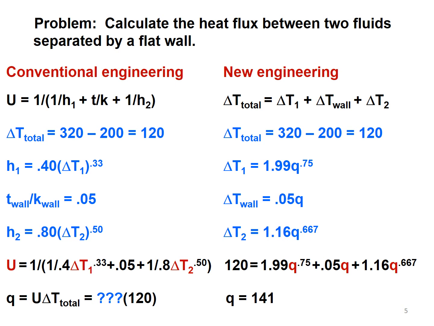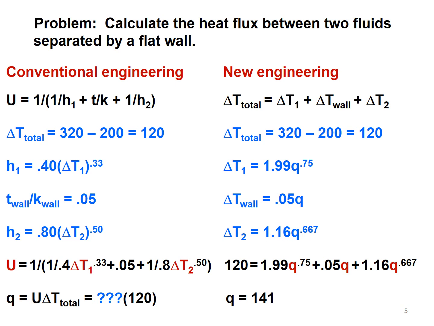The three equations are then solved simultaneously to determine U, then U is multiplied by delta T total to determine heat flux Q. We are not going to complete the conventional solution, but note that only a heat transfer engineer is likely to be able to solve it, and it would take him considerably longer than a minute to solve it.